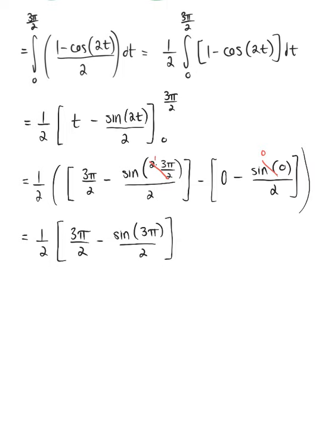And we know that sine of 3π goes to 0. So we are left with 1/2 multiplied by 3π/2, which leaves us with the beautiful final answer of 3π/4.